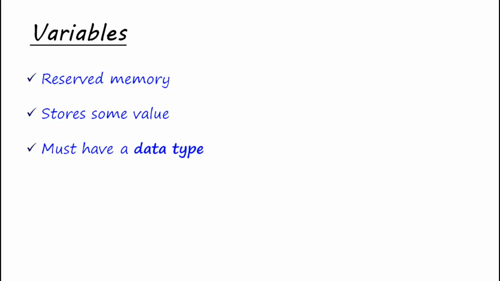So when you declare a variable, you tell the compiler that you need to reserve some memory for me and store this value, but you also need to specify what type the value I am storing at this location is. Is it an integer? Is it a character? Is it a decimal number? What kind of value you are storing in that variable is specified by the data type.